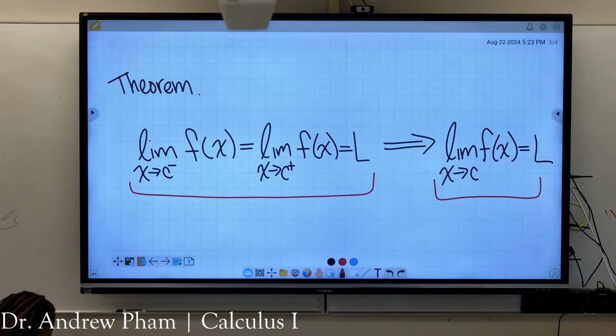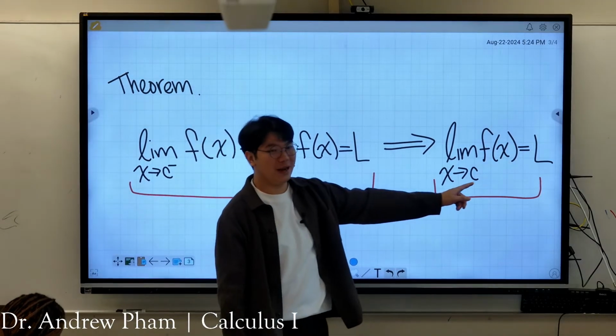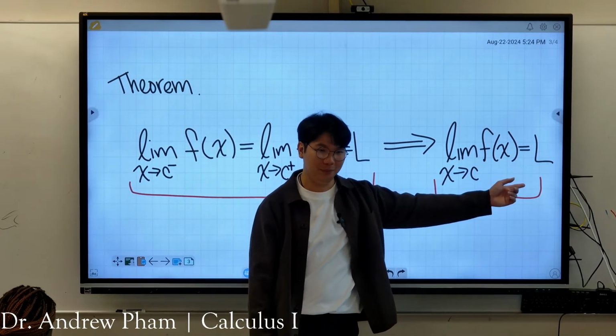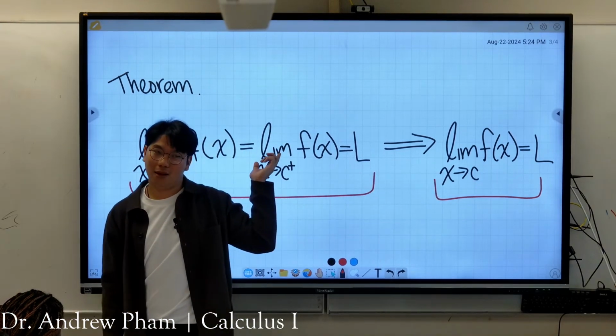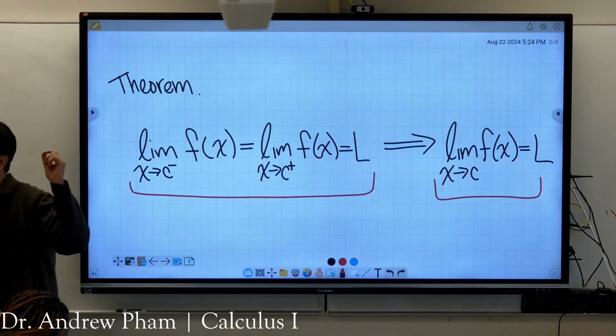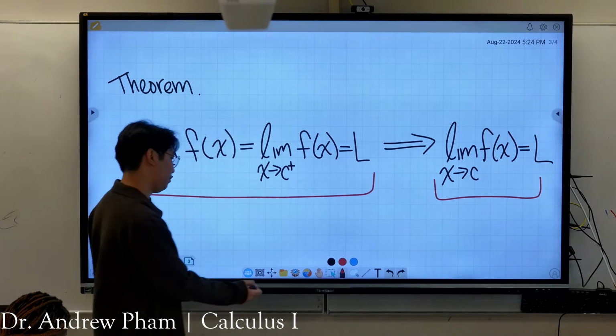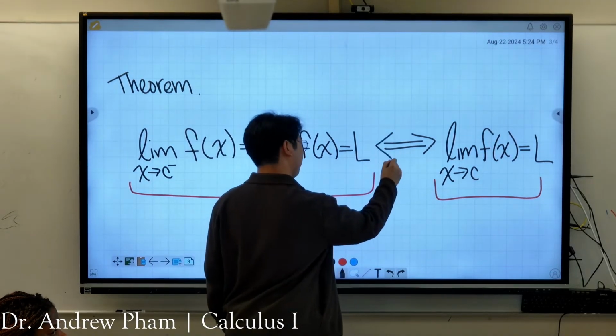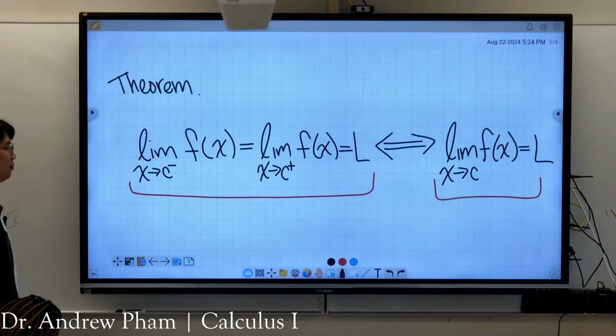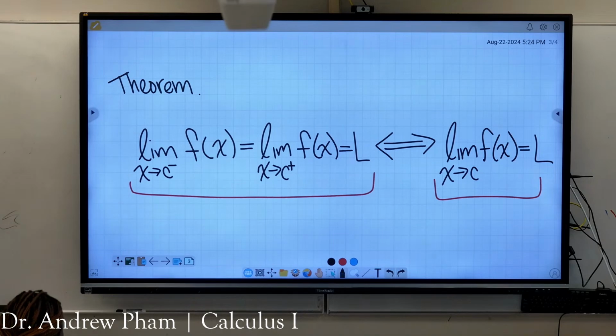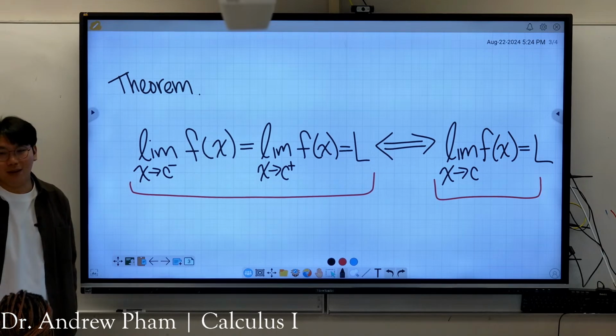The other part of my question is, does this work in the reverse direction? If my two-handed limit is L or some number, does that mean that the left and right have to be the same number as well? Yes, because if L requires both of them to be equal, the left side the same as the right side, then those two have to be the same. It's in the definition.